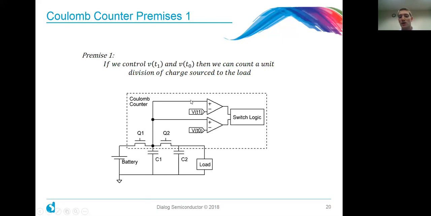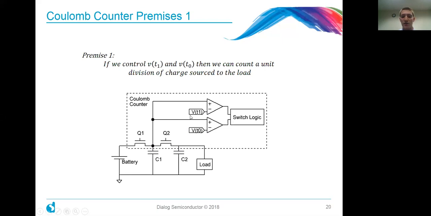It automatically bounces back and forth between what I've termed phase 1 and phase 2, where phase 1 is where Q1 is on and we're charging up C1, and phase 2 is where Q1 is off and Q2 is on, and we're discharging our transferred current into the load.